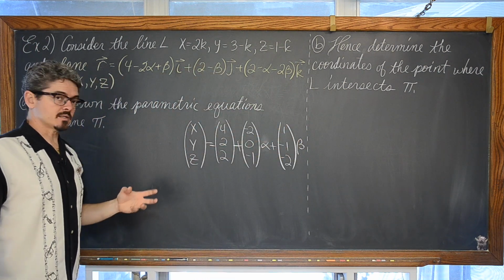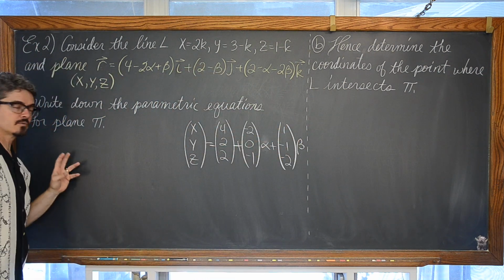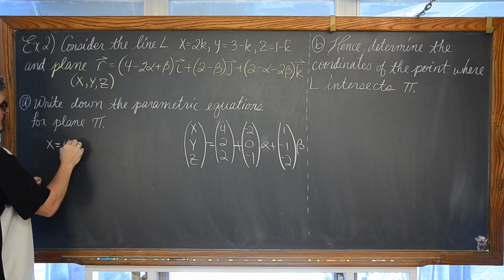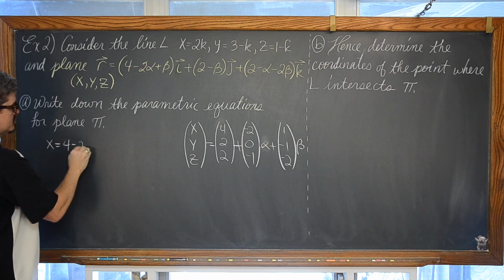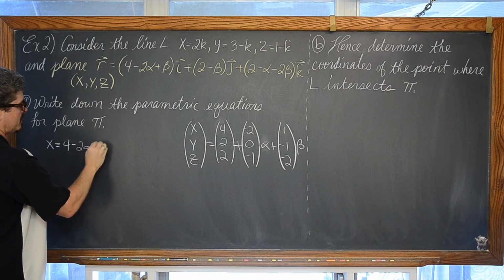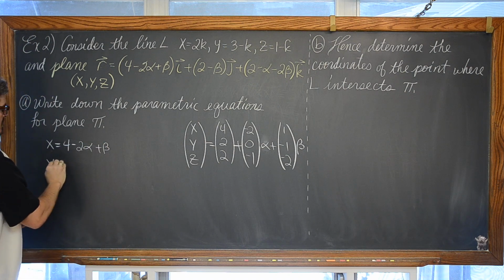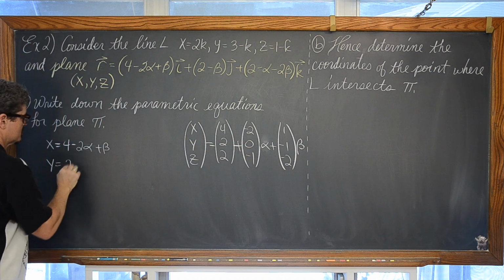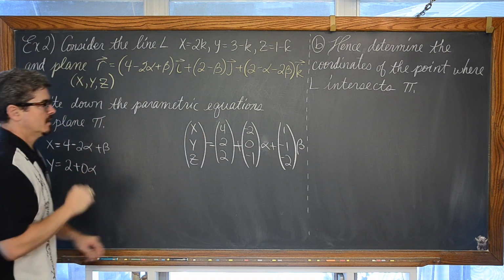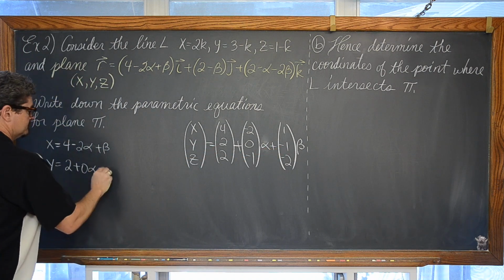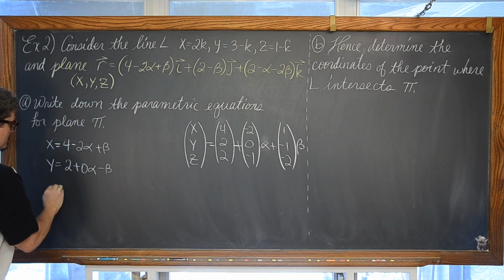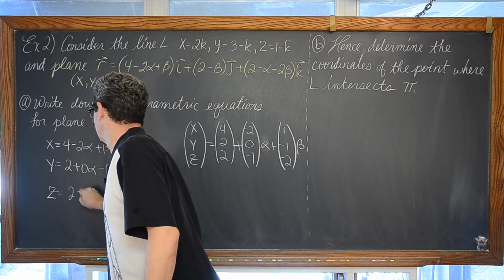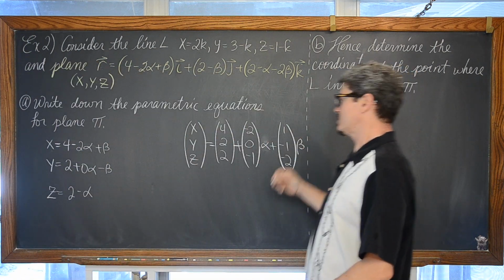Now here we can easily see that our three parametric equations are going to be x is equal to 4 minus 2 alpha plus beta, y is equal to 2 plus 0 alpha, I'm going to go ahead and write that 0 for teaching purposes, minus beta, and z is equal to 2 minus alpha minus 2 beta.